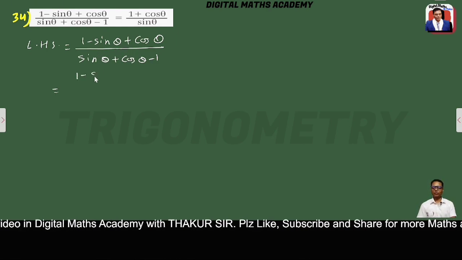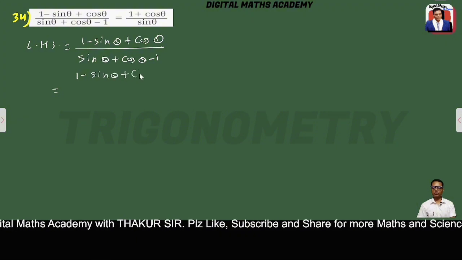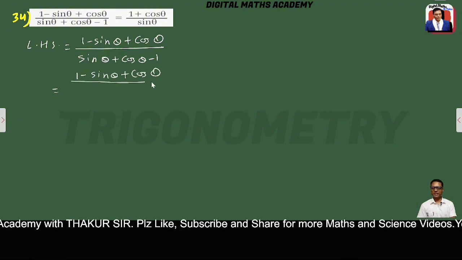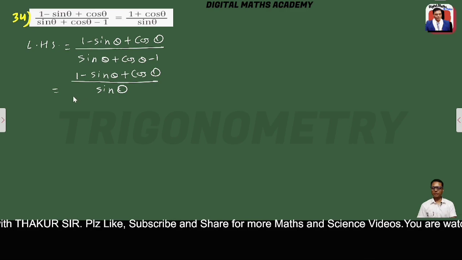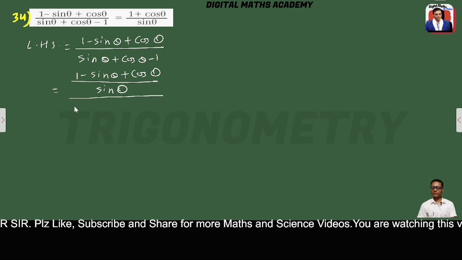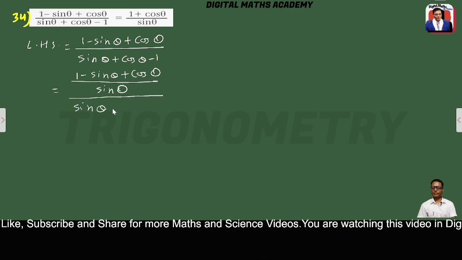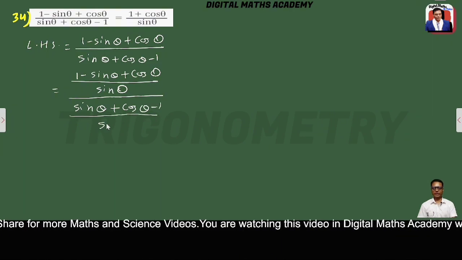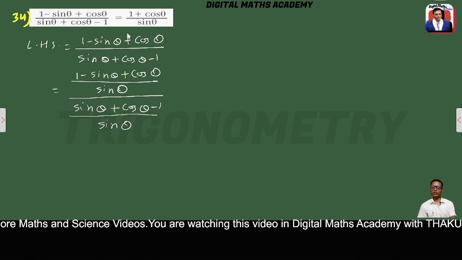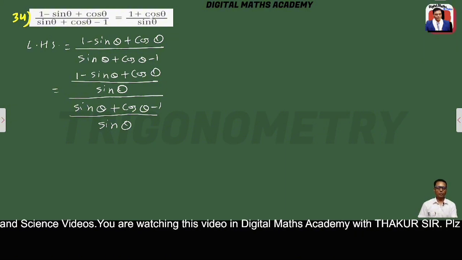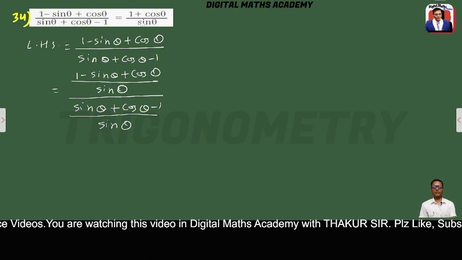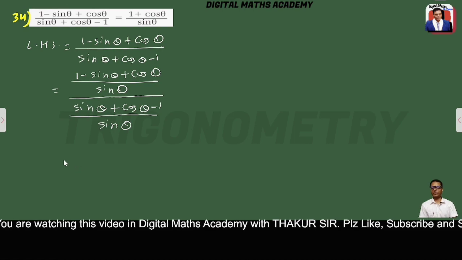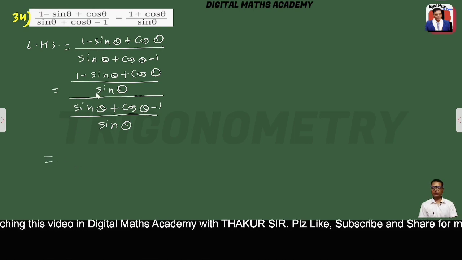So we write here 1 minus sine theta plus cos theta over sine theta, and at the denominator we write sine theta plus cos theta minus 1 by sine theta. Yes, we can divide up and down by sine theta. Why? Because we have to bring 1 plus cos theta by sine theta means we have to bring cosec theta plus cot theta, right?